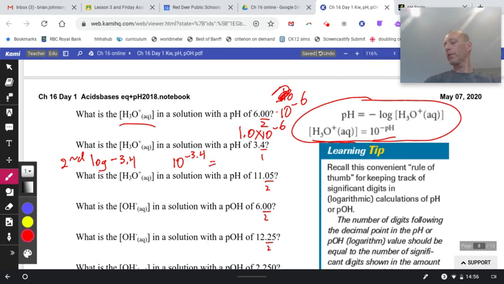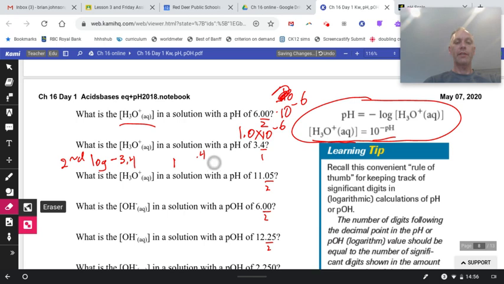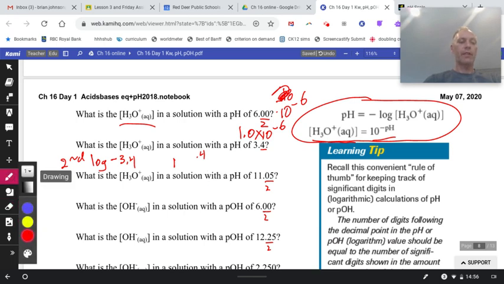And you get 3.98 times 10 to the negative 4.